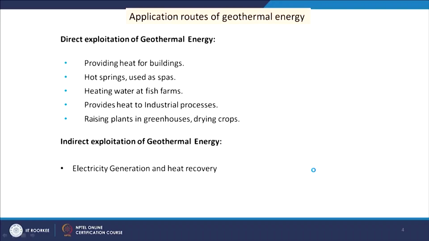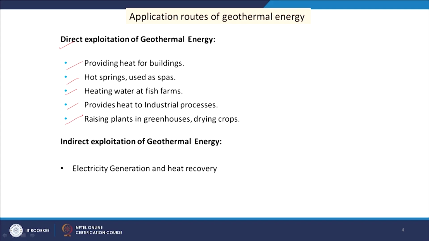Direct exploitation of geothermal energy may be providing heat for buildings, hot springs used as spas, and heating water at fish farms. It also provides heat to industrial processes, raising plants in greenhouses and drying crops.